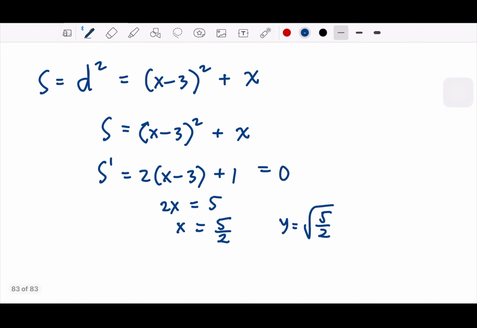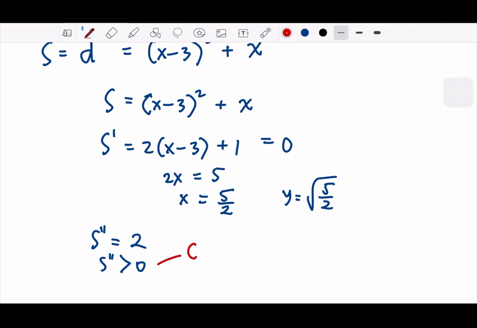Of course, you can also imagine taking some approach with the number line. Or if not, then you can use the second derivative to check whether it's a maximum or minimum. Check the second derivative, which should be 2, which is positive.